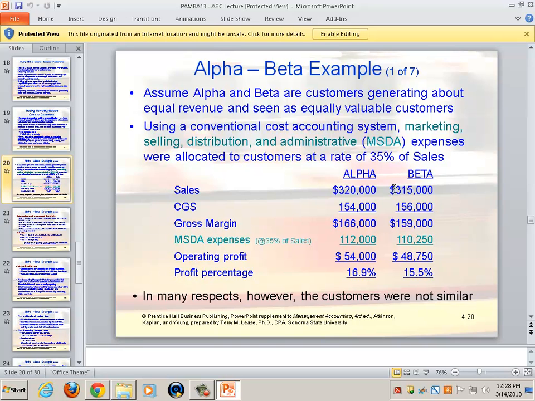50,000 of the 315,000 for beta, and on the basis of costs, they are very close to beta.